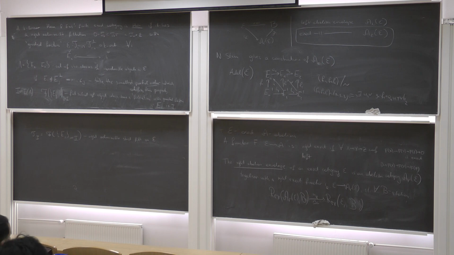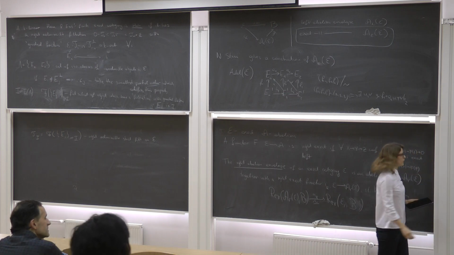And then, if every object A in A is a quotient of some E in E, then A is the right abelian envelope of E, which gives you the first geometric example.